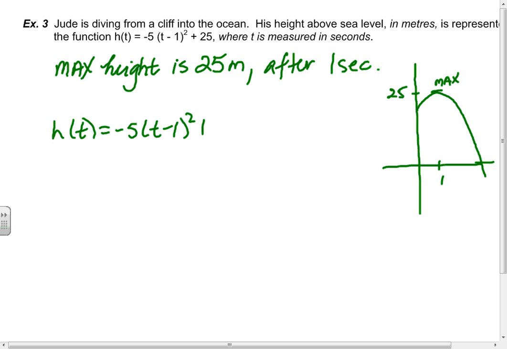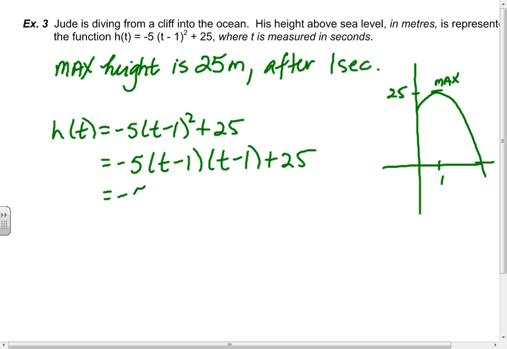So I need to FOIL that (t minus 1). I've got two (t minus 1)s. Be careful with this. And I'm going to FOIL. I'm going to leave my negative 5 for a moment. So first, outside, inside, last. T squared, outside, inside is minus 2t plus 1.